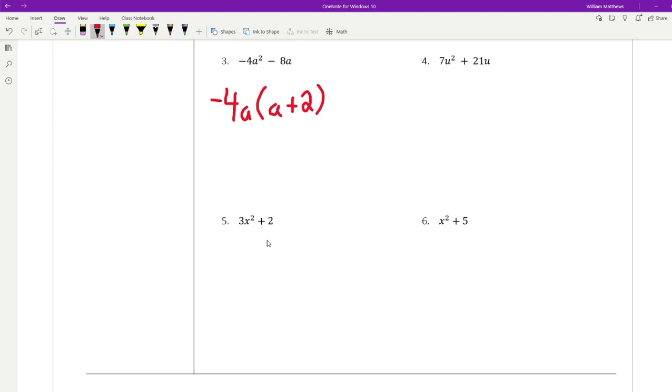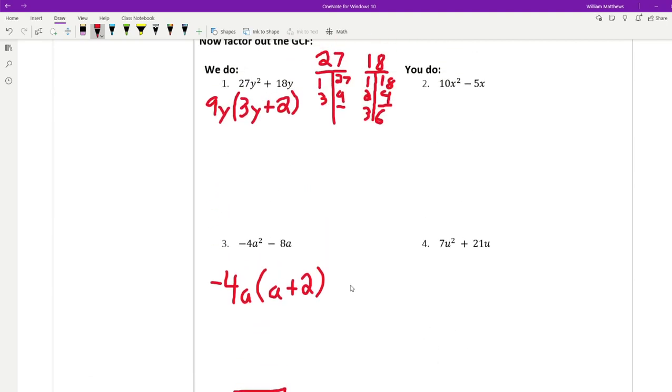Now in some cases, like number 5, there is not a common factor other than 1. So our simplest form of this is just the answer. So for now, we are learning how to pull out the greatest common factor when we do it with a polynomial to keep it organized, leaving it in an expression.